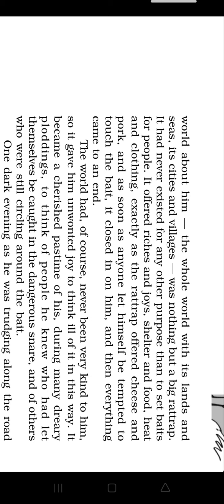It had never existed for any other purpose than to set baits for people. It offered riches and joys, shelter and food, heat and clothing, exactly as the rat trap offered cheese and pork. And as soon as anyone let himself be tempted to touch the bait, it closed on him. And then everything came to an end.